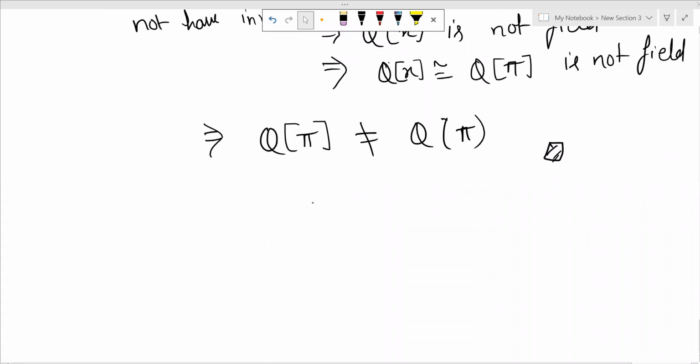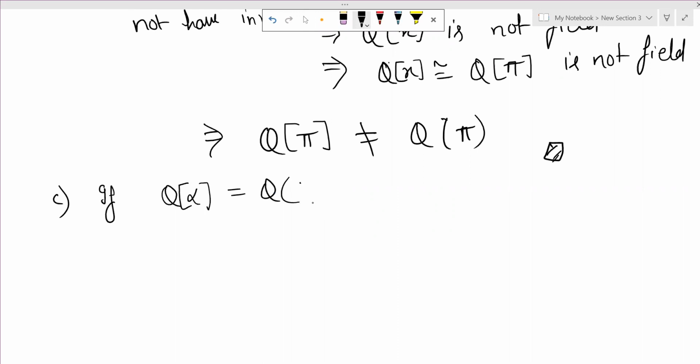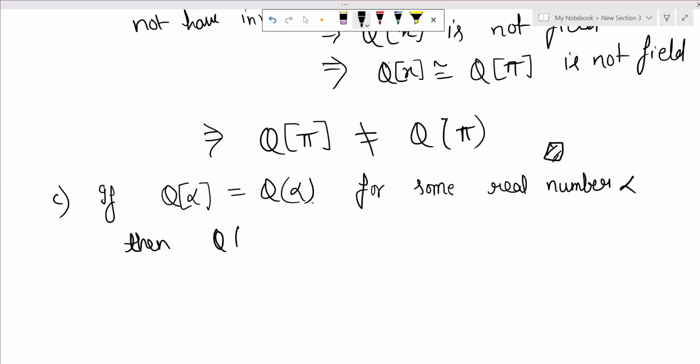Now the third option: for some real number alpha, then Q[alpha plus 1] is equal to Q(alpha plus 1).